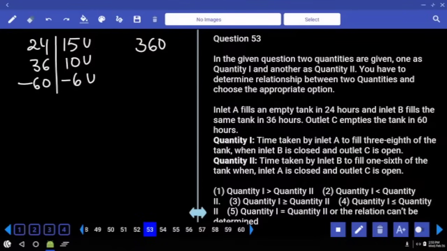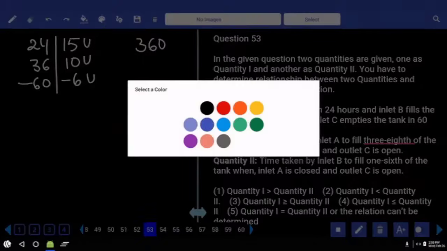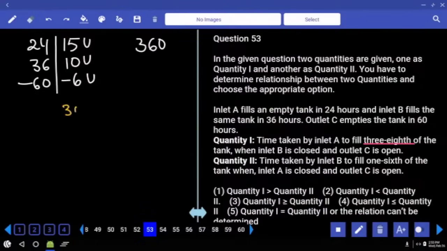Are you okay? Time taken by inlet A to fill 3/8 of the tank when inlet B is closed and outlet C is open. Total tank capacity is 360. Now you have to consider only 3/8 of the tank. This is 3/8 capacity.